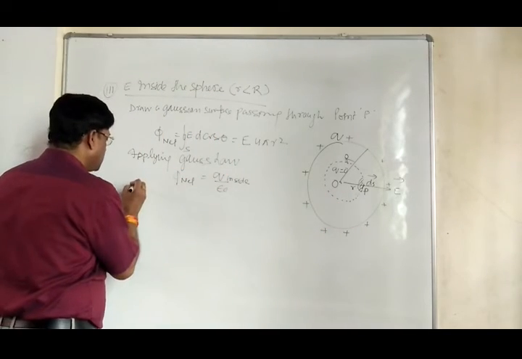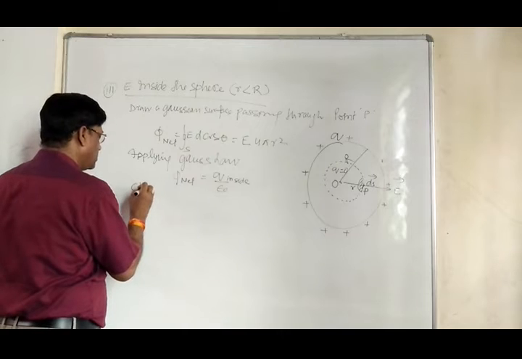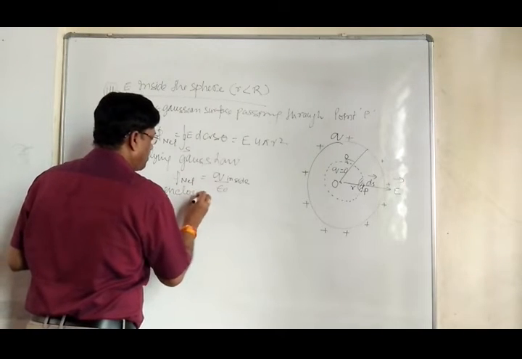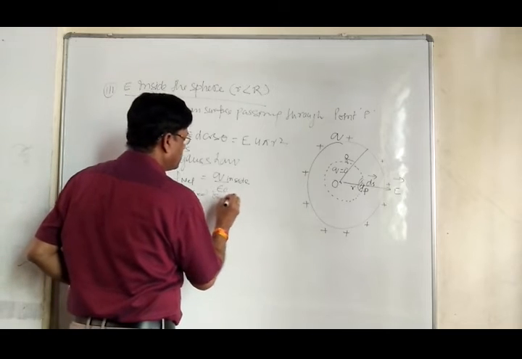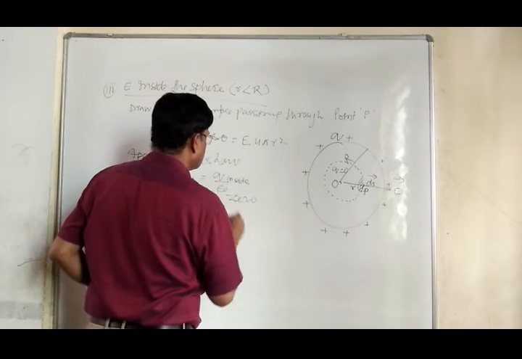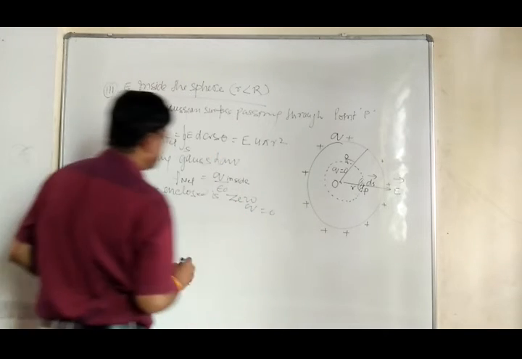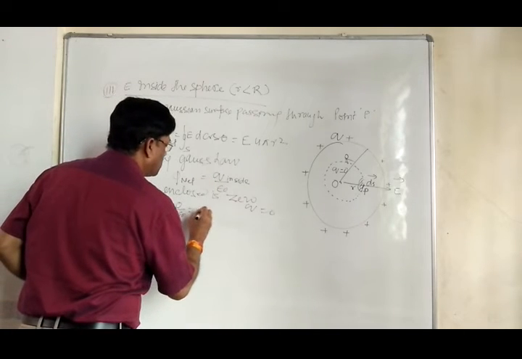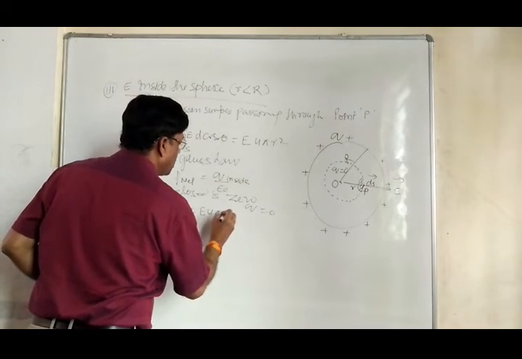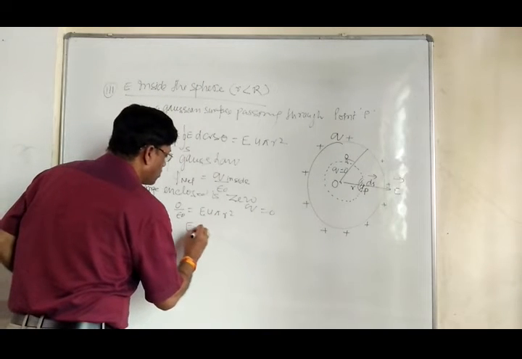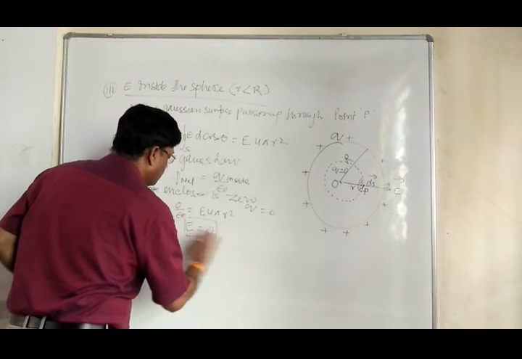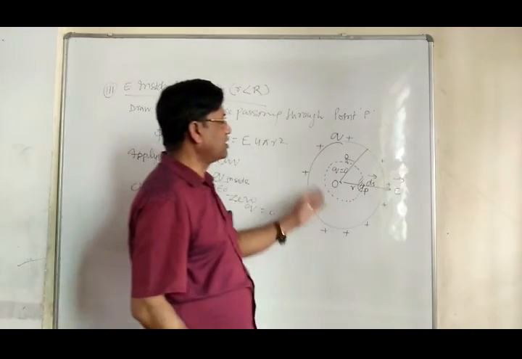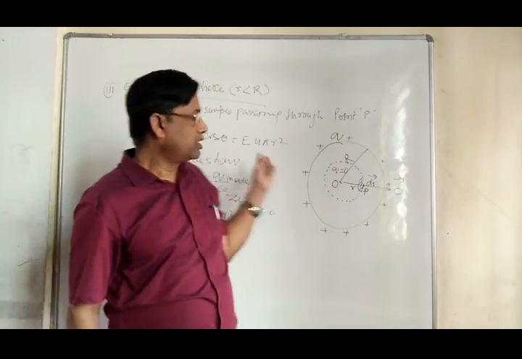It means charge enclosed is 0. So 0 upon epsilon naught is equal to E times 4 pi r square. Means E is equal to 0. E inside is 0. This is all about this.